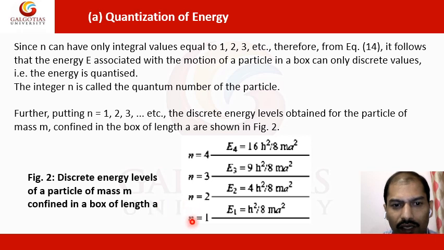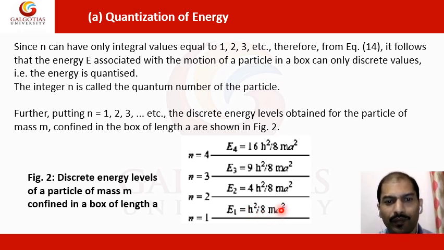If the value of n equal to 1, then as per the energy equation n square h square upon 8m a square, the equation takes the shape h square upon 8m a square. When you take n equal to 2, it becomes 2 square h square upon 8m a square, which after solving is 4h square upon 8m a square.